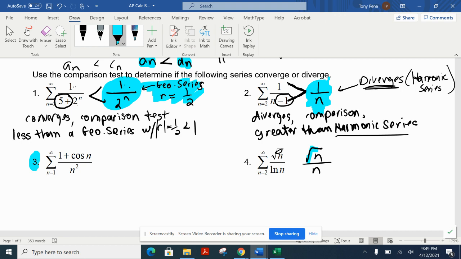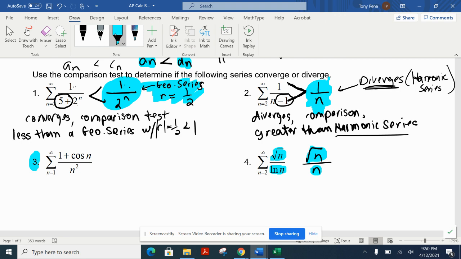Similar to the first 2 that we've done, the numerators end up being the same. So our root n on top remains the same in our new one. So numerators are the same. What we then want to do is look at our denominators. And if we look at our denominators, what we want to recall is the natural log function grows very, very, very slowly. Slower than the regular y equals x, which is kind of what this n is, the y equals n function.